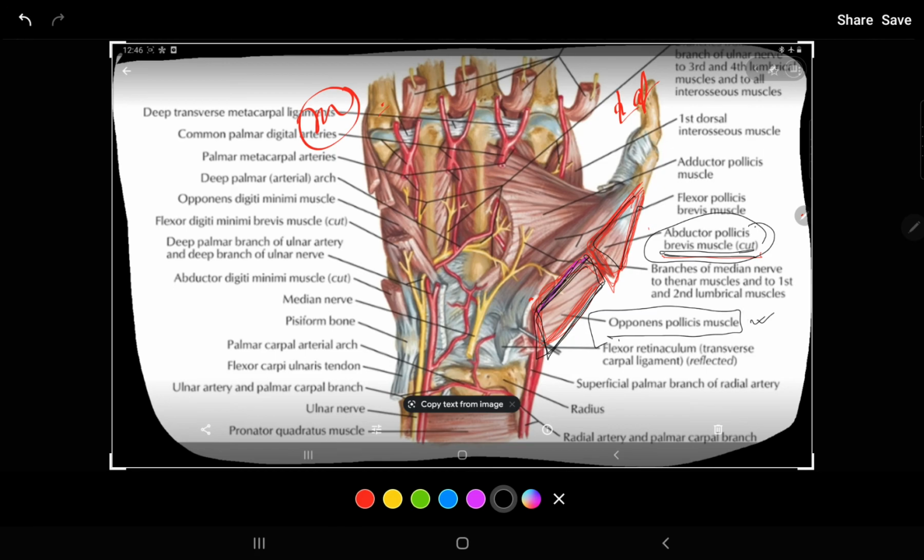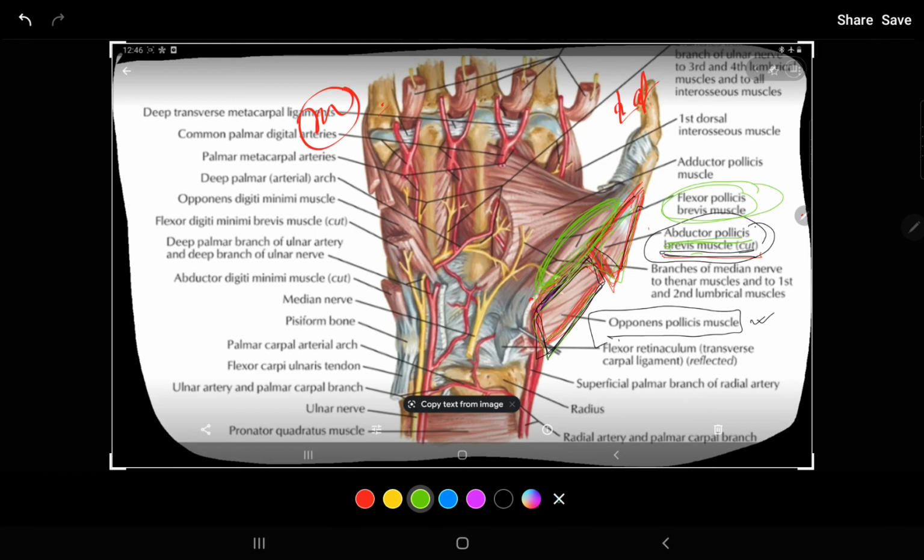And yes, you can also see flexor pollicis brevis muscle, most laterally. So abductor pollicis brevis is medial, flexor pollicis brevis is lateral, and you can see the opponens pollicis here. So opponens pollicis is the deep muscle. If you remove the abductor pollicis brevis, then you can see the opponens pollicis, otherwise not.